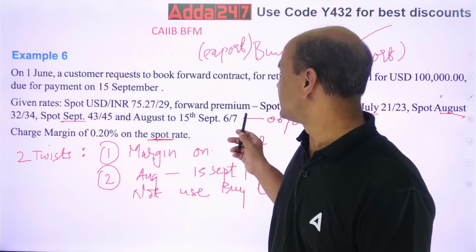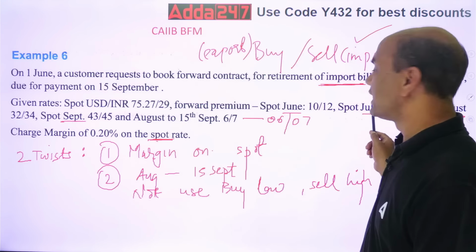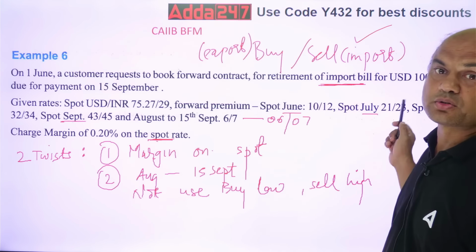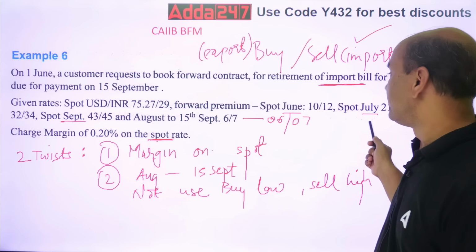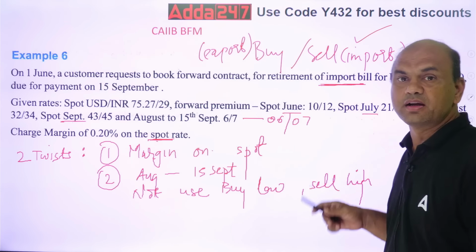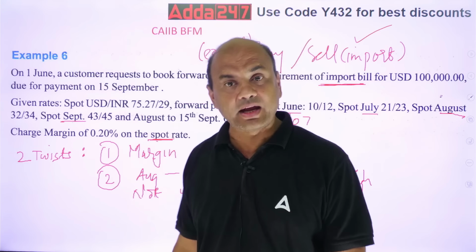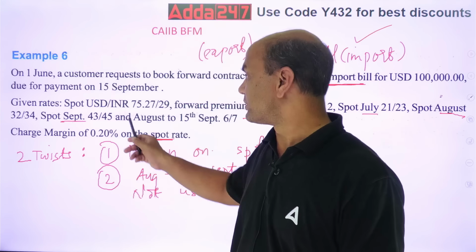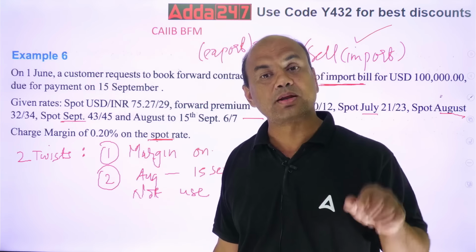Because when I say July rate, it means it's for the July end. When I say August rate, it is for the August end. When I say September rate, it is for the September end.